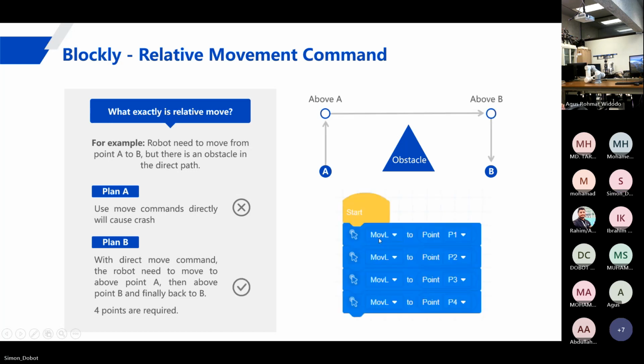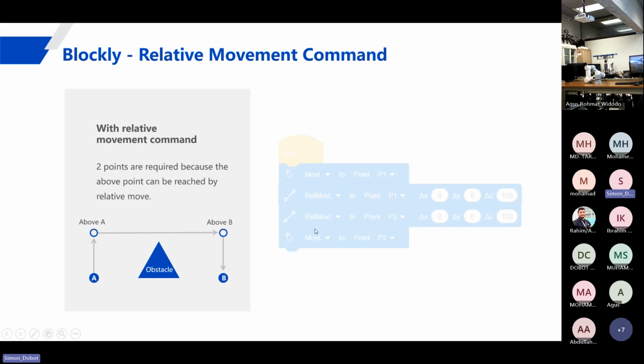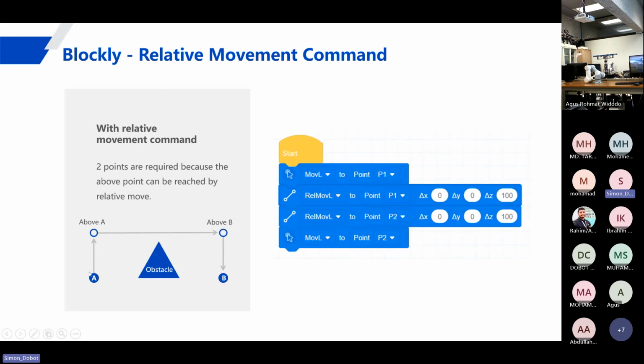So normally you need to use 4 commands, and with the relative motion command, you only need to teach 2 points, and for the other 2 points you put the deviation of the value.